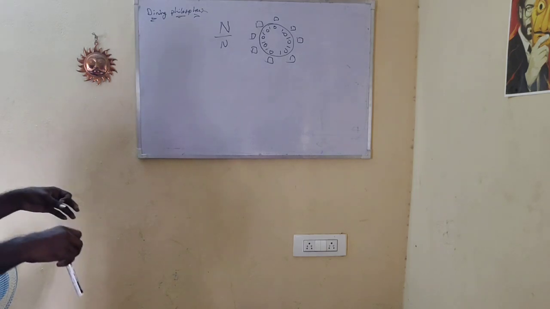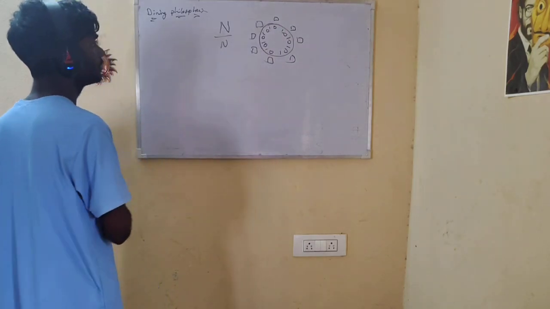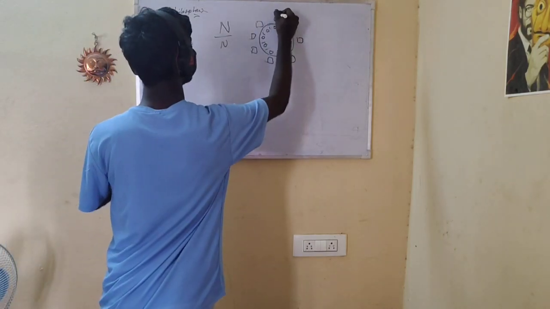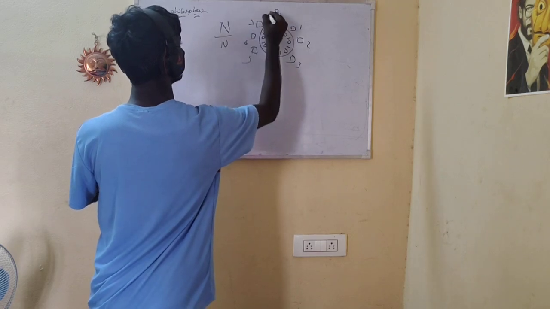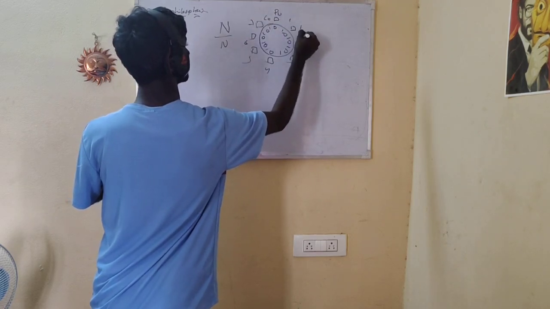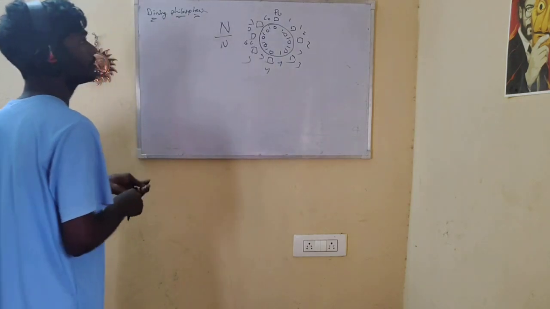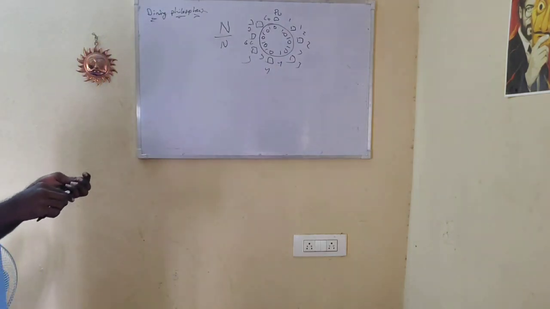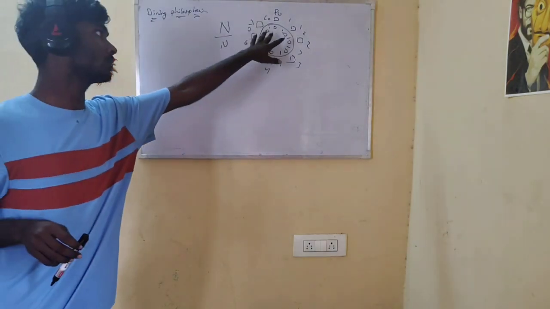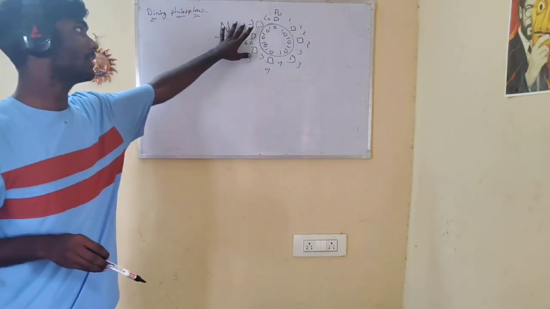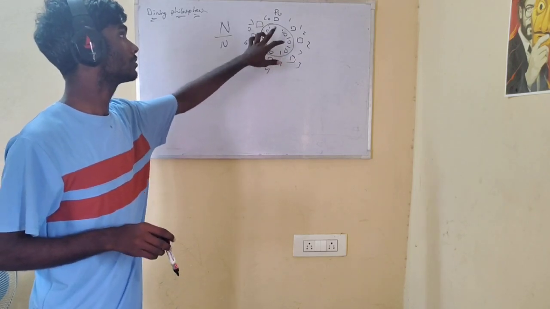So now we have to disallow philosophers. Say this is P0, 1, 2, 3, 4, 5, 6, 7, and C0, 1, 2, 3, 4, 5, 6, 7. When P0 wants to eat, we have to disallow P7 from holding its chopstick.